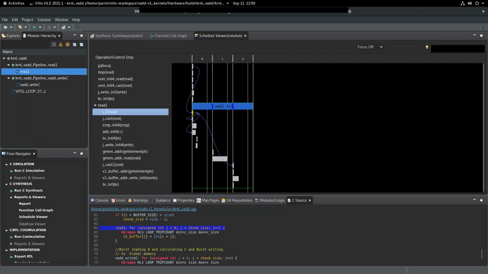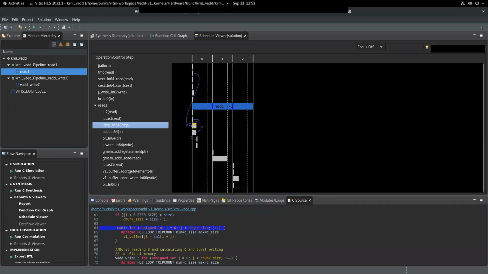Yeah, great. So here, initially we read the variable J, and then there is some casting happening that we will leave there. And this is a comparison operation which checks whether J is less than chunk size or not. You can see that this operation is scheduled in cycle 0.